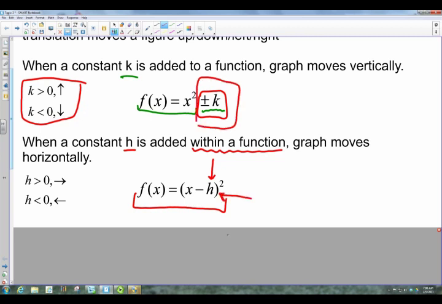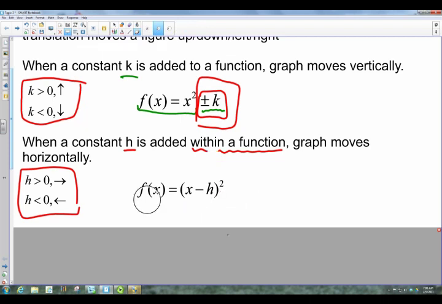Okay, so looking at these, again, if h is greater than 0, you're going to be moving to the right, and if h is less than 0, you're going to be moving to the left. Now the tricky part of this, with this movement left and right, is the fact that your original function has a minus sign.